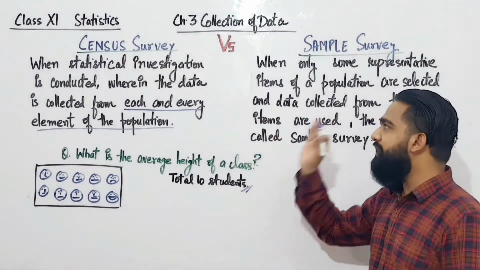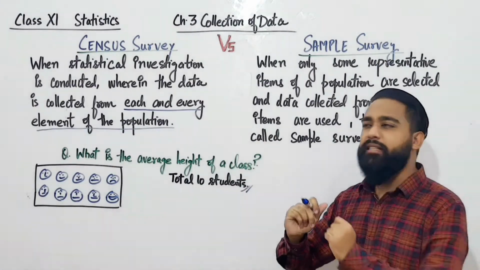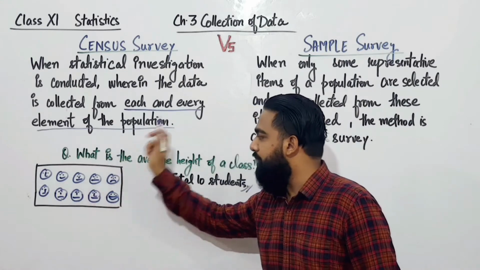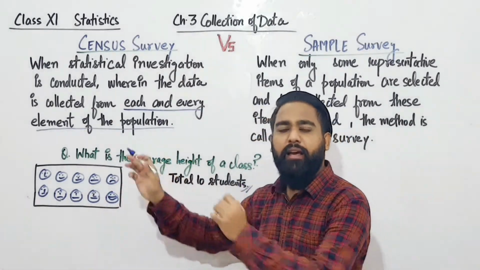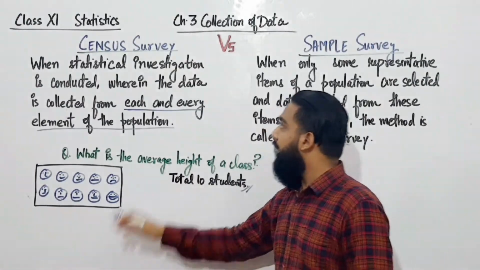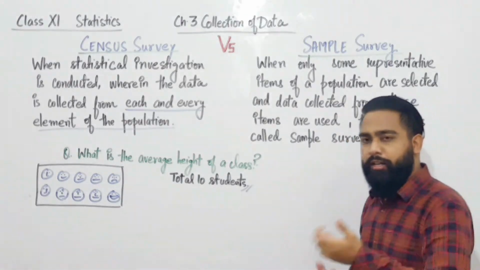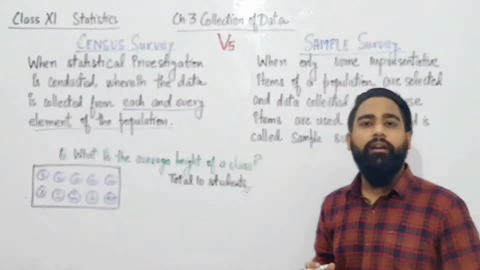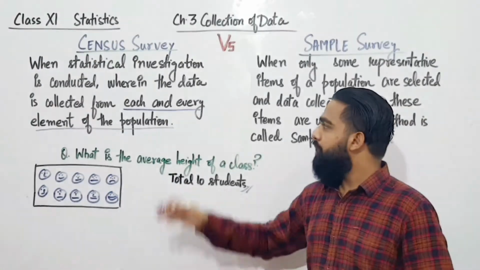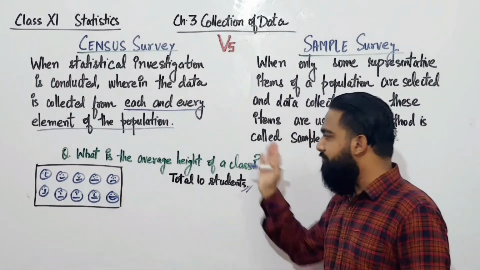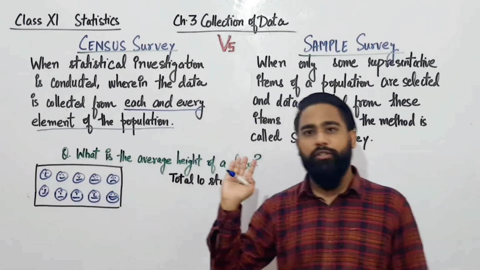If I am doing the census survey, I am going to each and every person, and I will measure their height, note it down in my diary or register, and then conduct my survey. So each and every element of the population means, for my investigation, this is the total population.